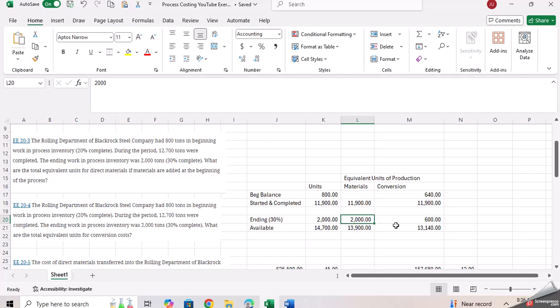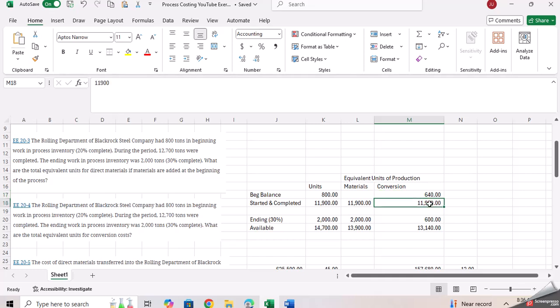Out of our beginning inventory, it tells us that those 800 tons were 20% complete. So at the start of it, they were 20%. If we look over here at my formula, that means 80% was added during the current month. So they started at 20%, so 80% was finished during this month, and we have to account for it.